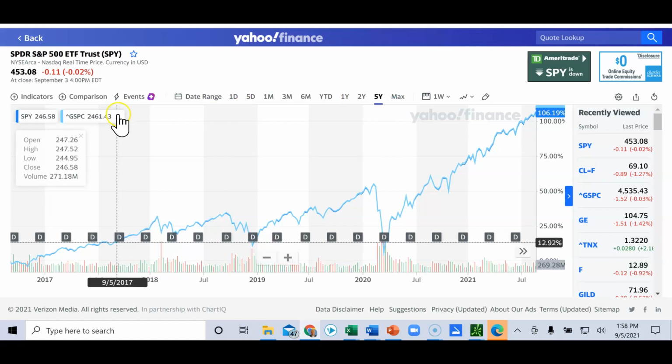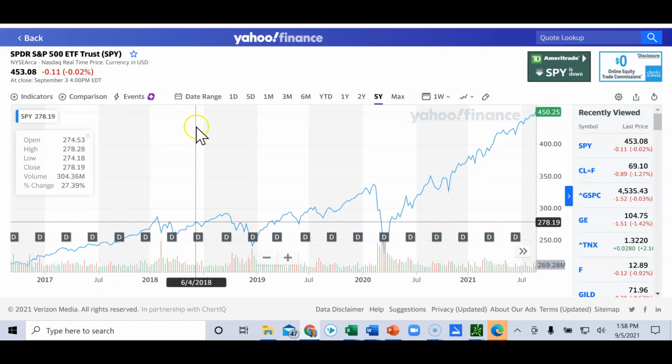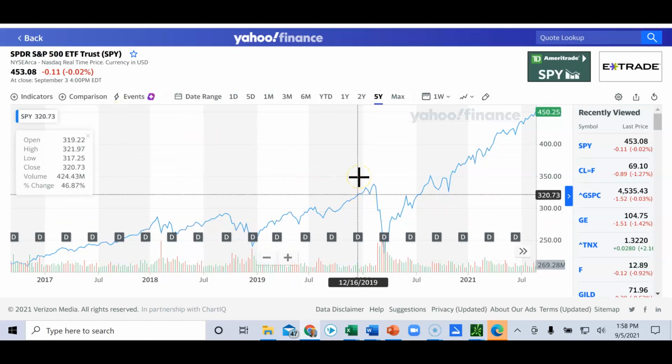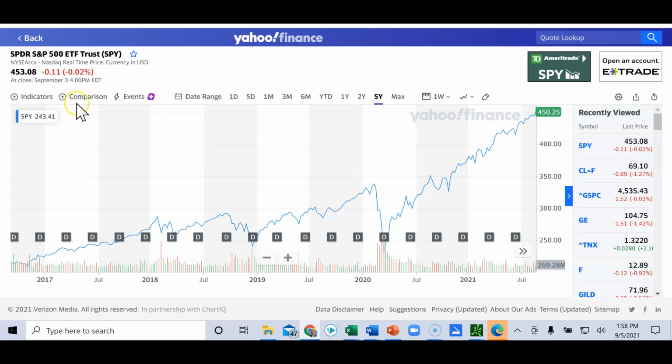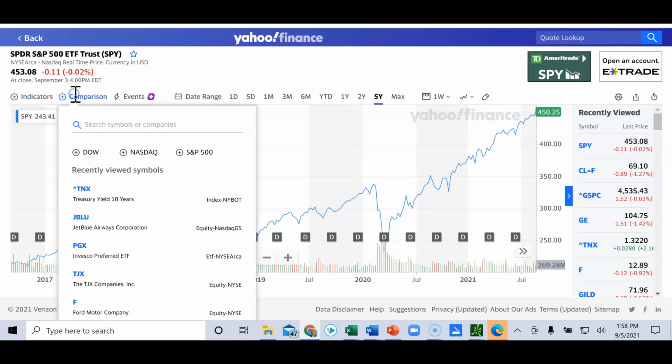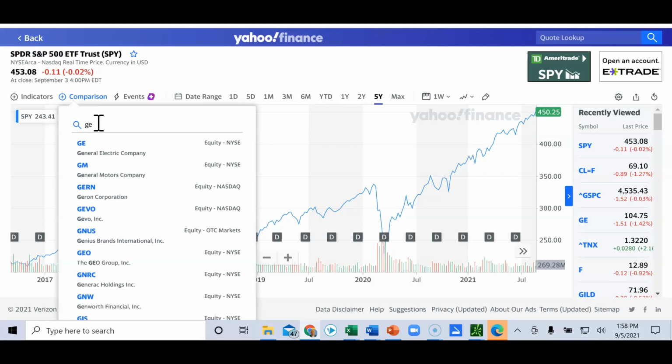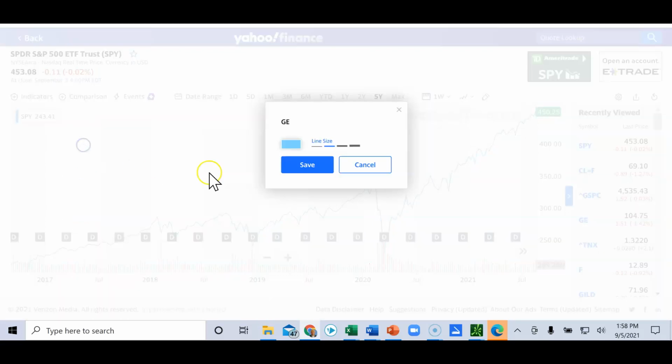Now I'm going to take the S&P 500 out, and you can see that now. If I go in and compare it with one stock, let's say General Electric, I can click here and type in a symbol. The symbol is GE. If I click on it, it'll come up. I'll save it.